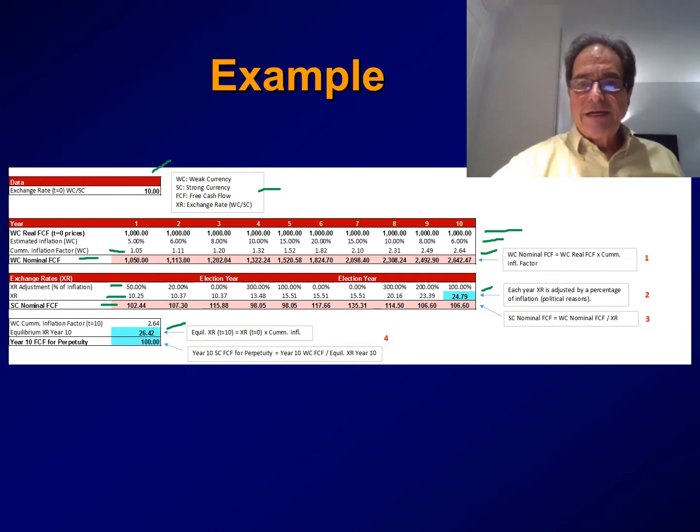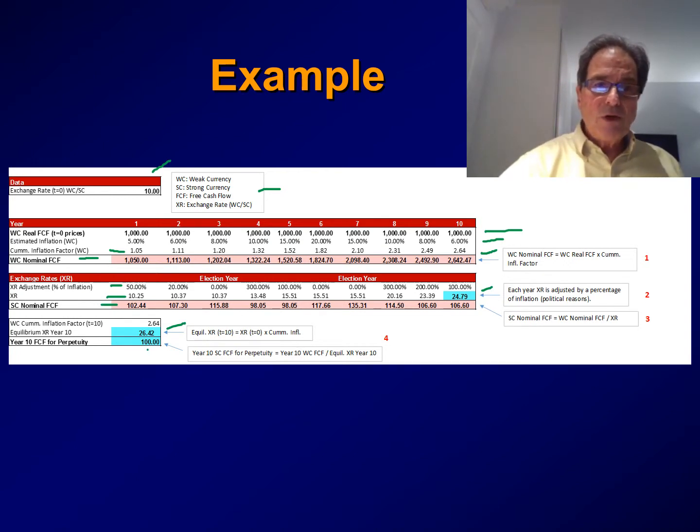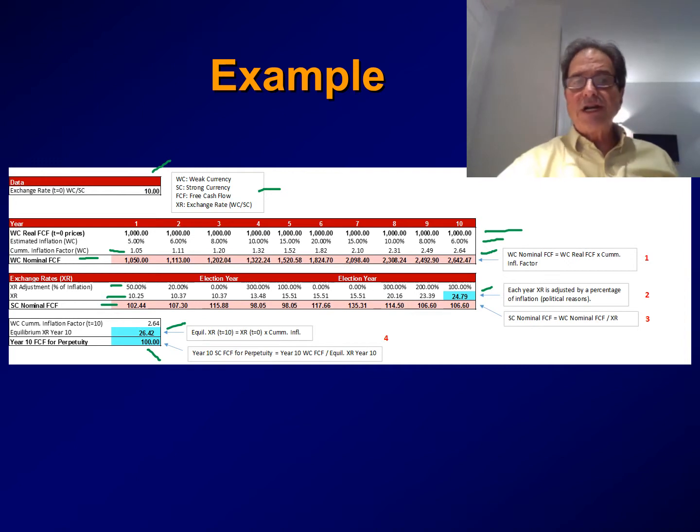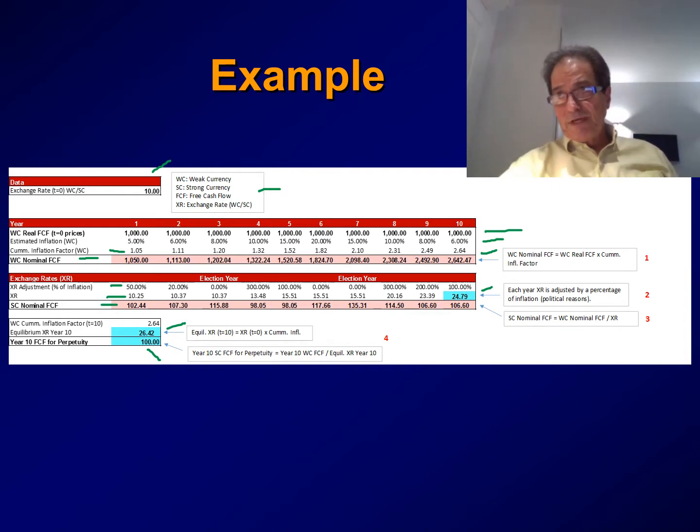So if we take the weak currency nominal free cash flow of 2,642.47 and divide it by the equilibrium exchange rate in year 10 of 26.42, we obtain a year 10 free cash flow in a strong currency, nominal terms, of 100.